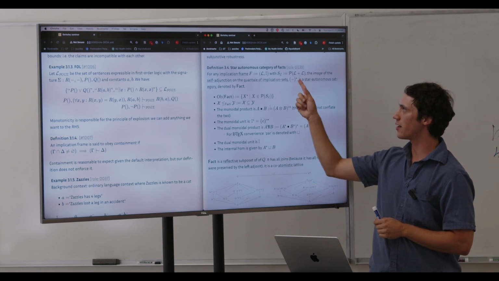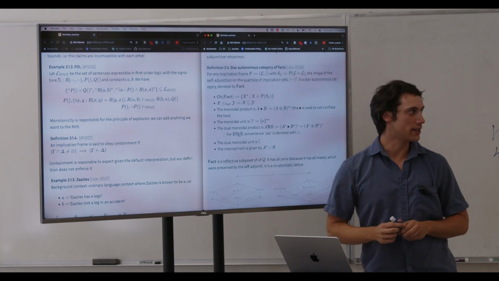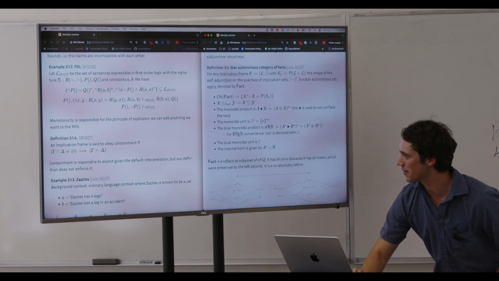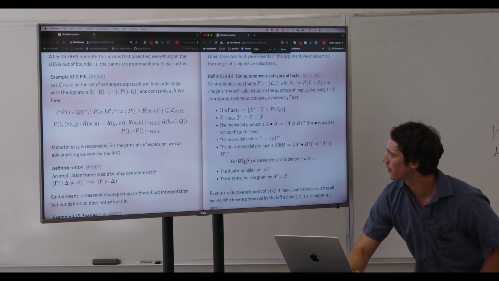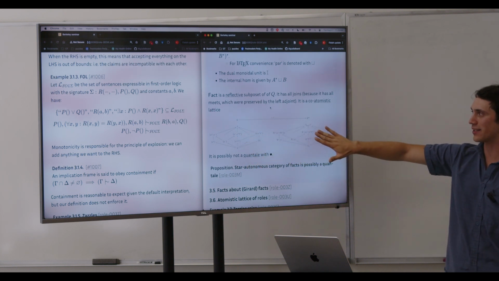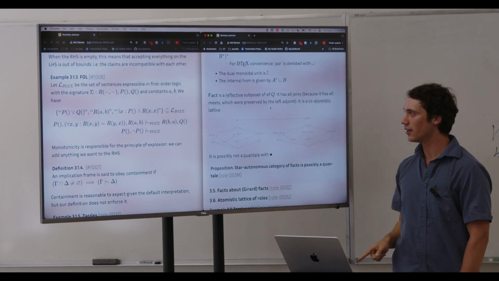I said that there's this self-adjunction, and now I want to say that not every possible element of P to the S, which are just sets of candidate implications, is the value of a role. Some subset of these are roles. Because remember, there's this lattice here of possible roles, and there's this sort of dual lattice in QOP, which is sending everything to its star.